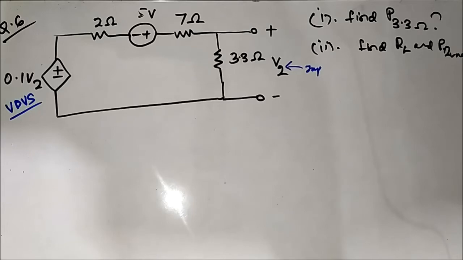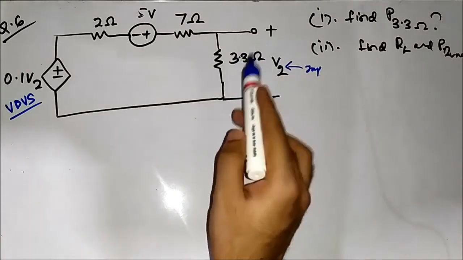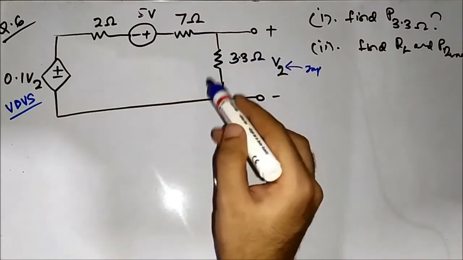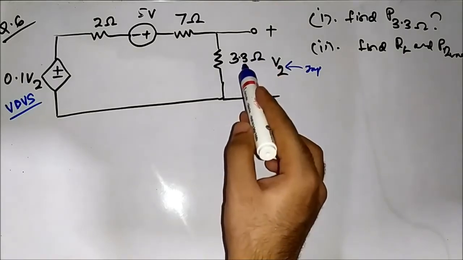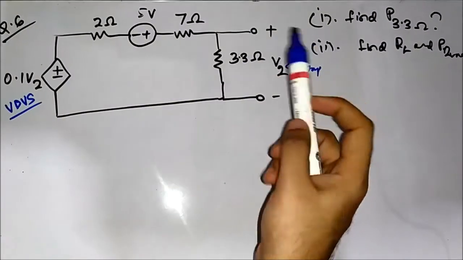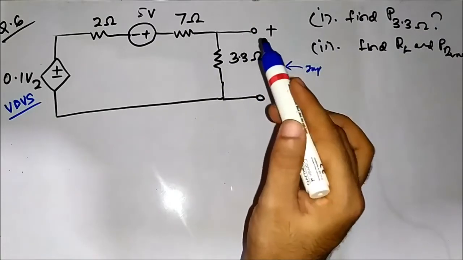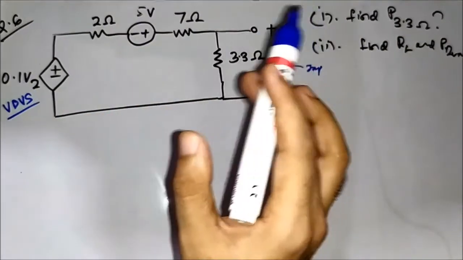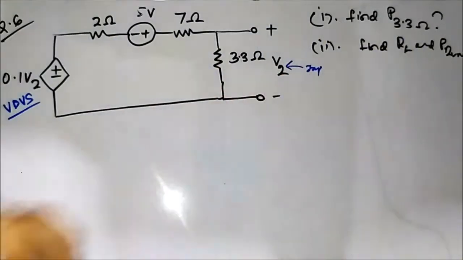Two things have been asked. First, to find the power absorbed by this 3.3 ohm resistor, and then to find the value of this load resistance which leads to maximum power transfer and the value of that maximum power.